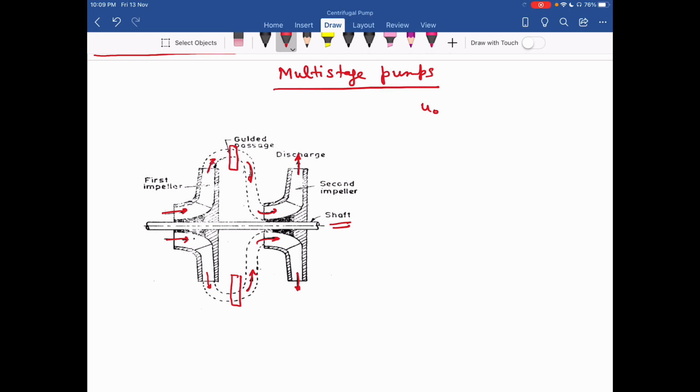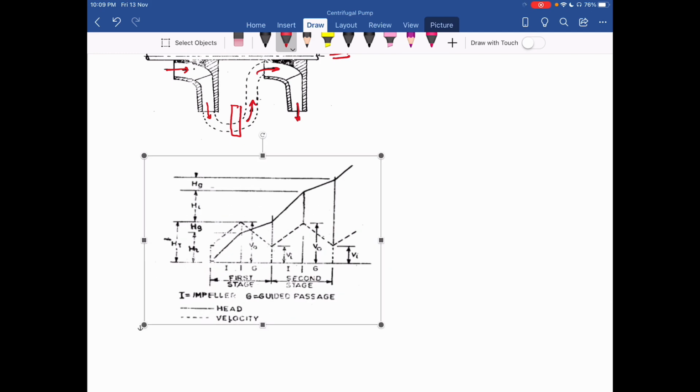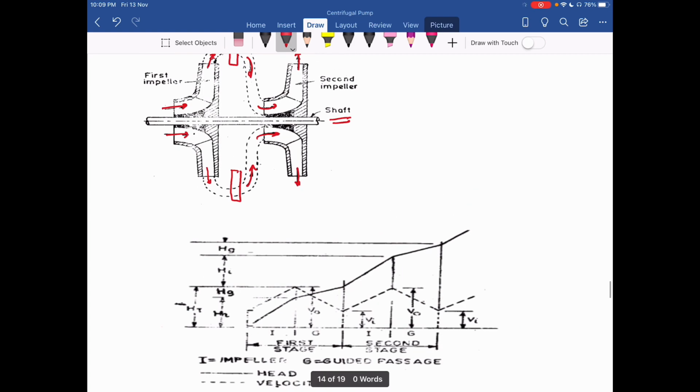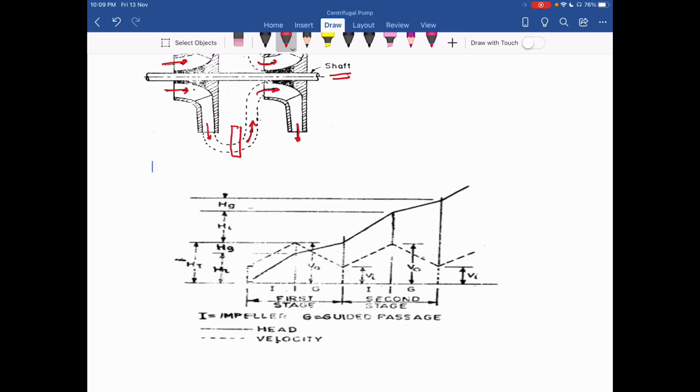So when we talk about the energy transfer, see this diagram. So in this diagram, I have the first impeller, okay. So this is my x-axis. So this is my first impeller, then the guide blades, then the second impeller, and then the casing or maybe another row of guide vanes.